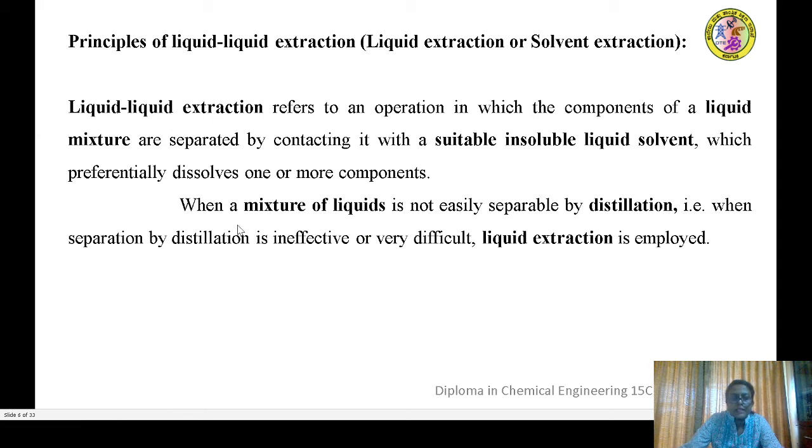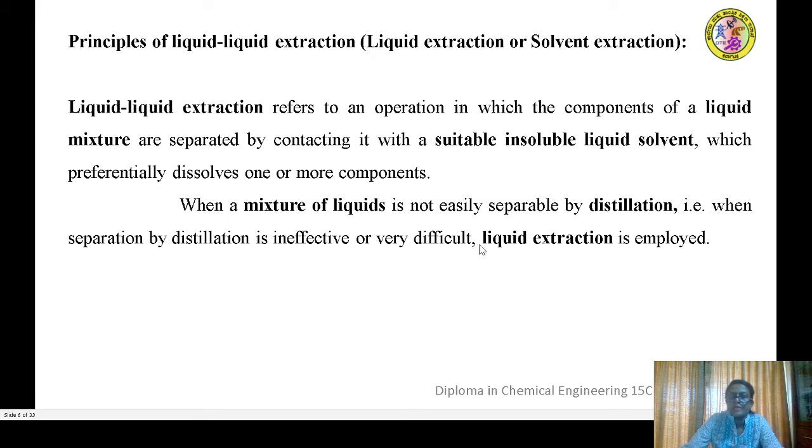Okay, there are some cases when that separation by distillation is not easy. In other words, whenever the separation by distillation is ineffective or very difficult, then liquid extraction is employed.